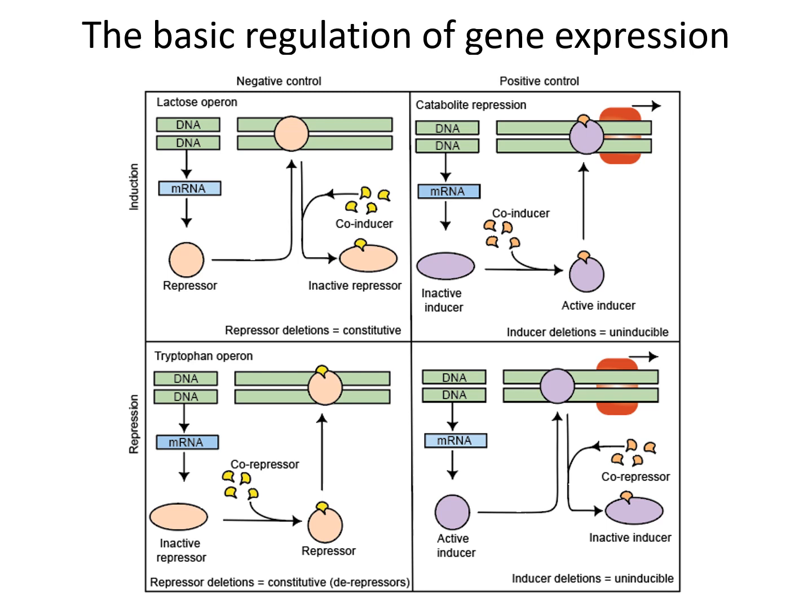And here are several different scenarios for the regulation of gene expression. For example, it can be negative control or positive control. For negative control of induction, you have the repressor.